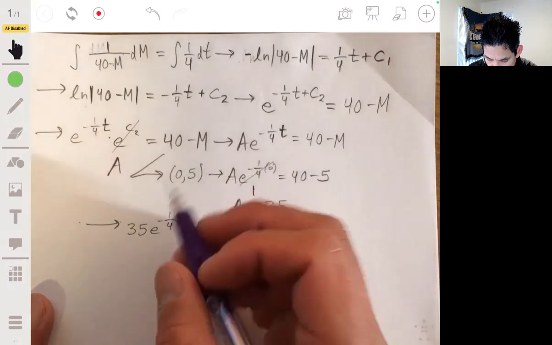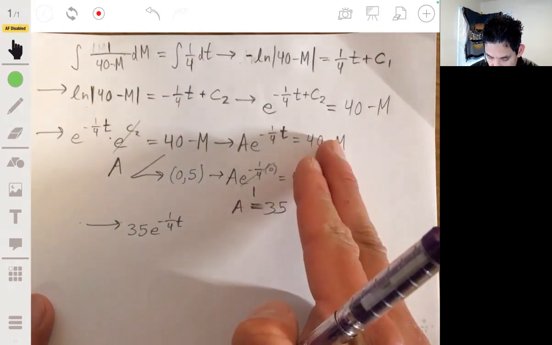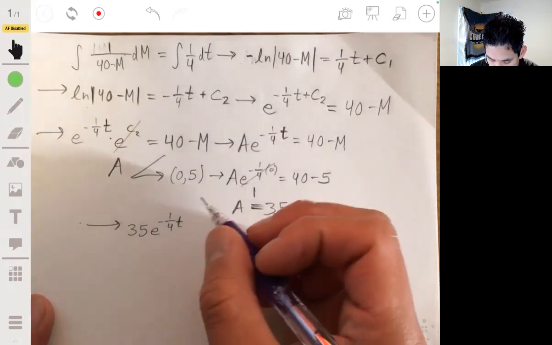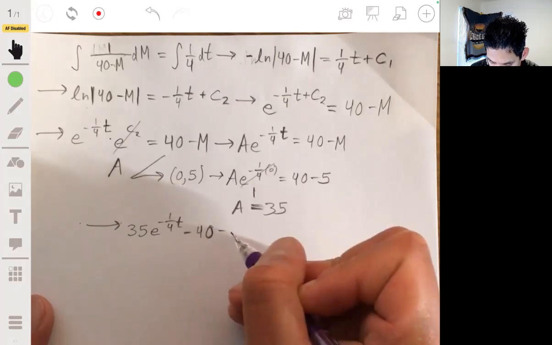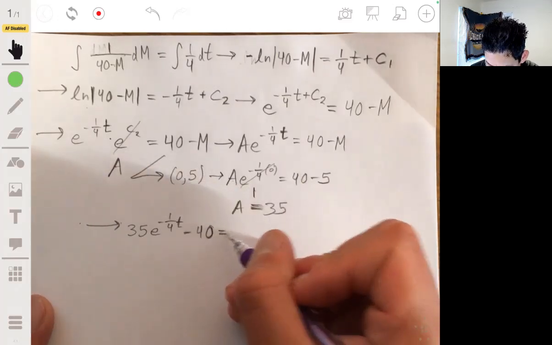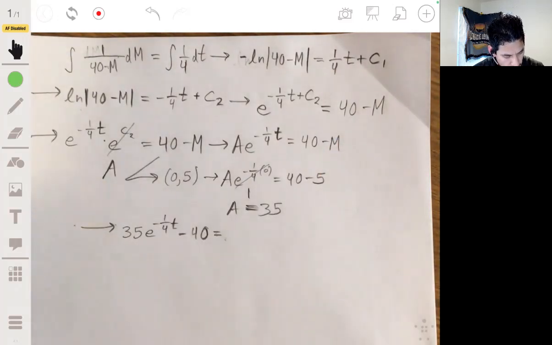Let me bring that 40 to the other side, or subtract, or reverse it, it doesn't matter. I think you can do this part without me having to explain it. And my pencil keeps on breaking.